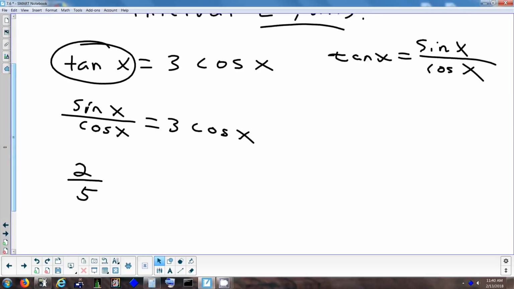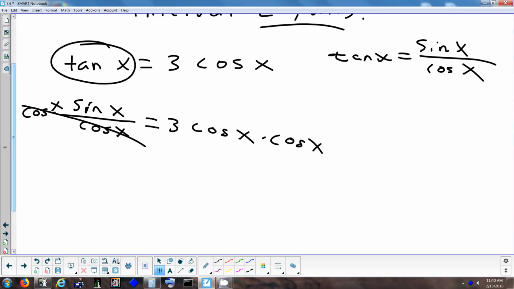It's just like if you had this, and I said, how would you move the 5 to the other side? Multiply by 5. Now you don't have a fraction anymore. Let's do the same thing here. Multiply by cosine. And multiply by cosine.